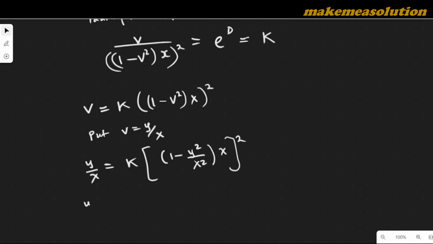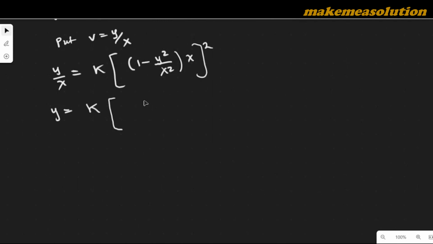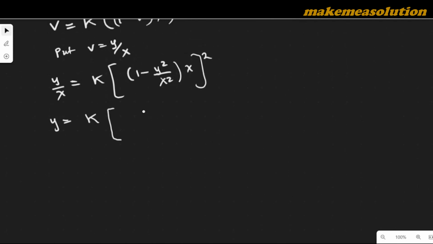So y will be k into x squared minus y squared over x squared, like this. So there's y over x here, sorry. You now have x like this all squared.